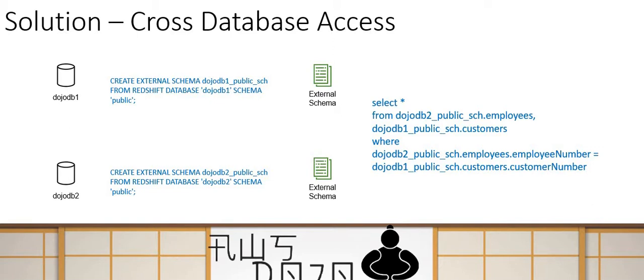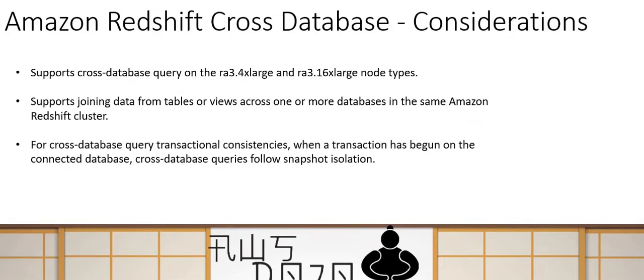Okay, so there are a few things to know, because you need to know the considerations and also some limitations. This kind of cross database query is possible only with RA3 node types like 4x large and 16x large at this point in time. RA3 is able to provide such cross database access because RA3 is designed to have compute and storage segregated.